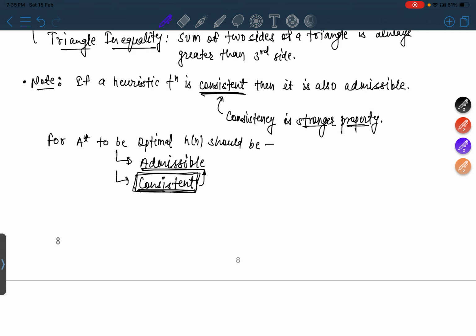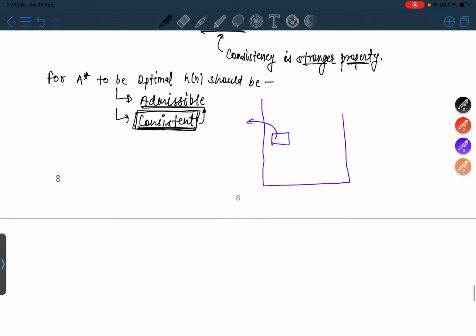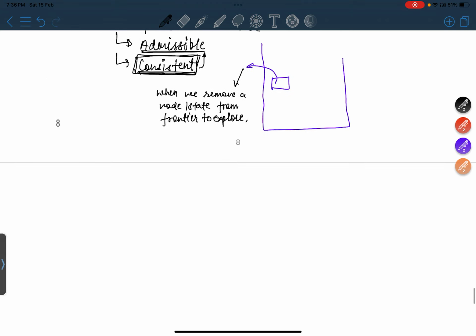Remember, how can we be sure कि जब भी हम फ्रंटियर से कोई नोड निकाल रहे हैं, we are sure that whenever we remove a node, the state from the frontier to explore, the shortest path till that node has been found.